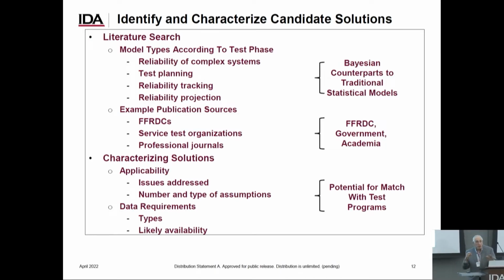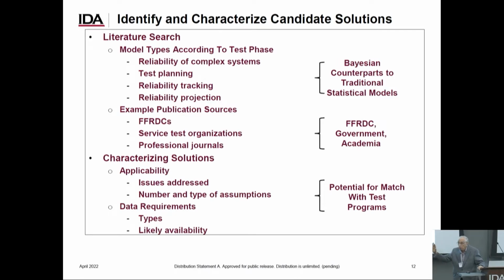Having done that, we want to be able to characterize these different models. And the stereotypical, and we may change this depending on the inputs we get, developmental test program segment has a plan, it has a beginning, it has a middle, and it has an end, which is a very simplistic way of saying it. But different models apply at different points depending on what the issue is.